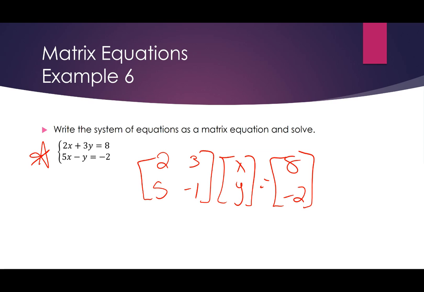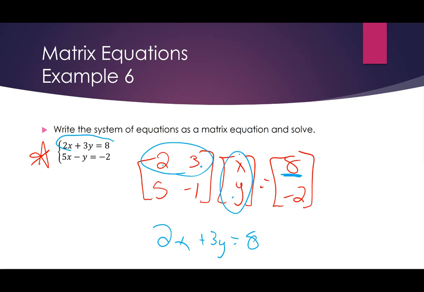The reason this translates into this is because of matrix multiplication. You would do the first row by the first column, so it would be 2 times x and 3 times y. You'd add them up and you would get the first row, first column number here, which is 8, which is the exact same thing as that equation.